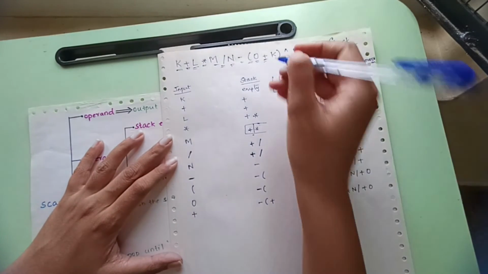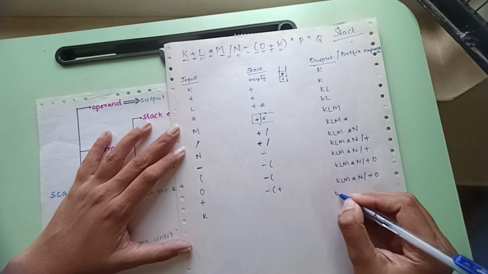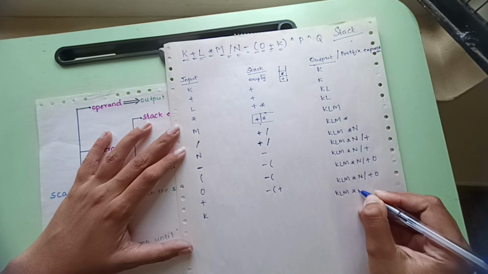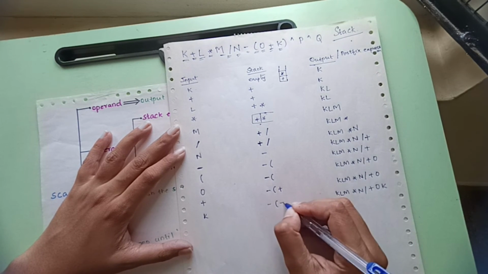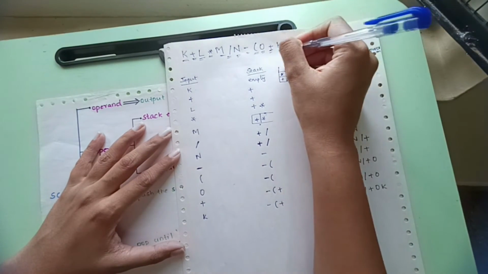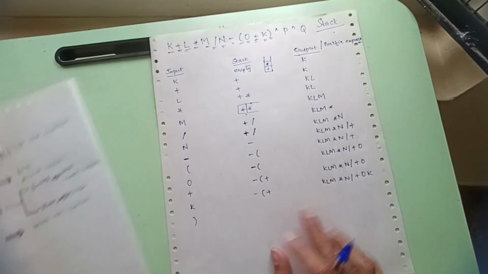Okay, so next is K, which is an operand, so just output it. The stack remains the same. Next we have a closing bracket. What to do if we encounter a closing bracket?